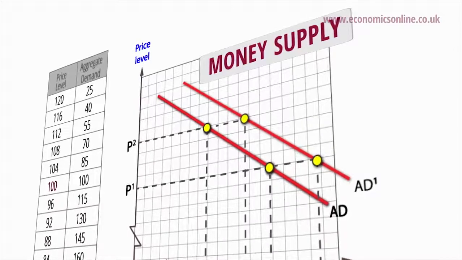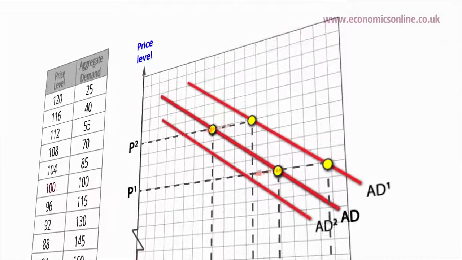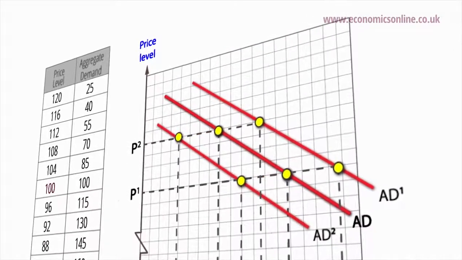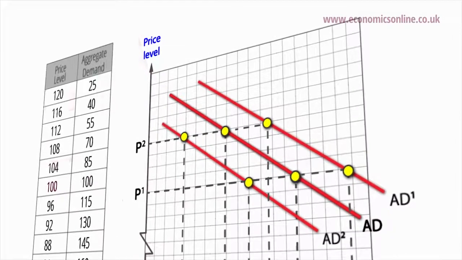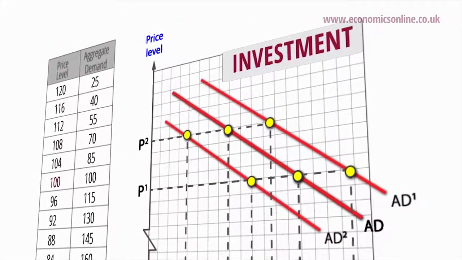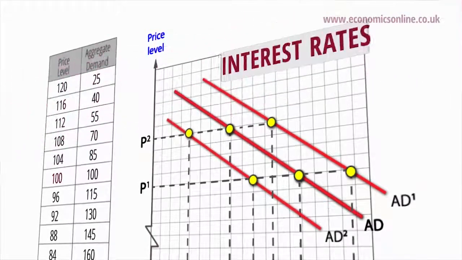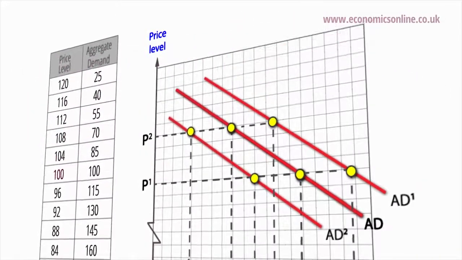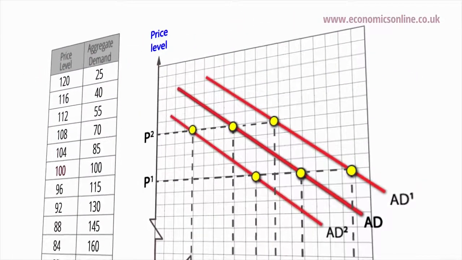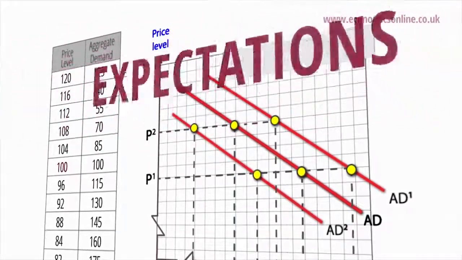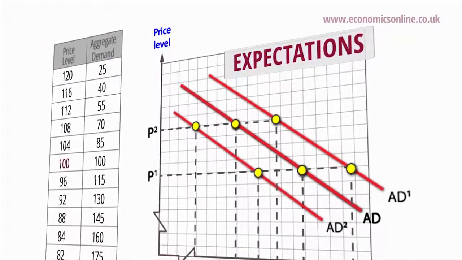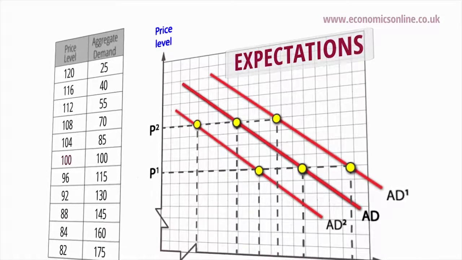For example, decisions to save more will result in a shift to the left in the AD curve. Shifts from changes in investment can also arise from changes in the money supply, which affect interest rates and business decisions. Shifts also arise from changes in business confidence and expectations. A dip in business confidence will shift the AD curve to the left.